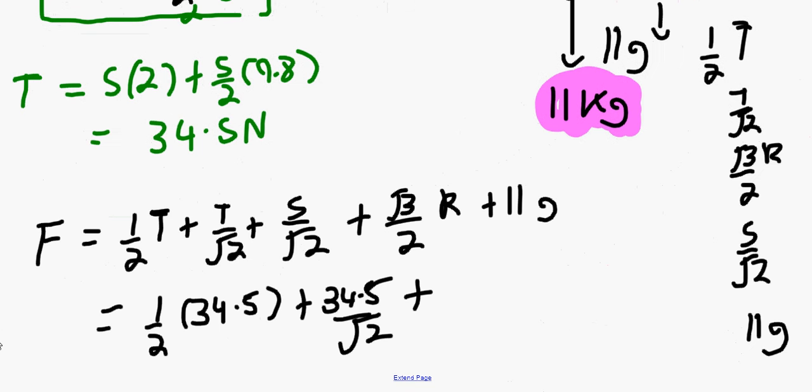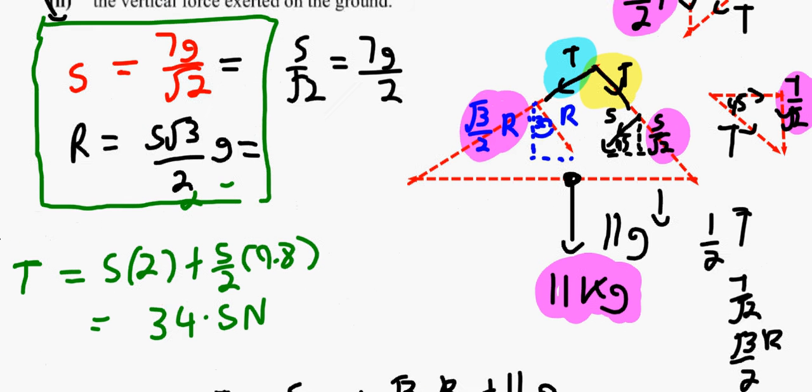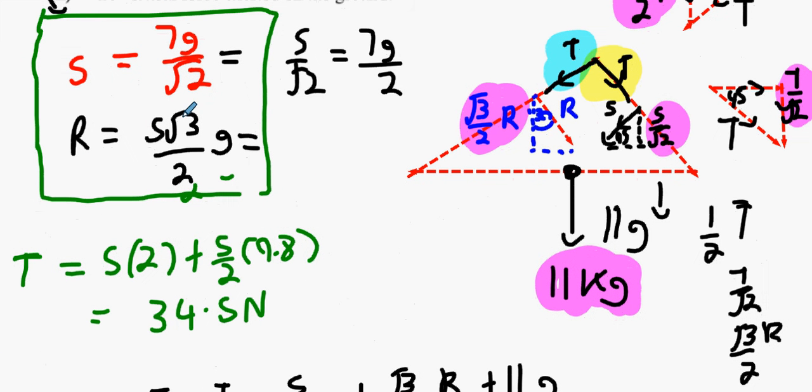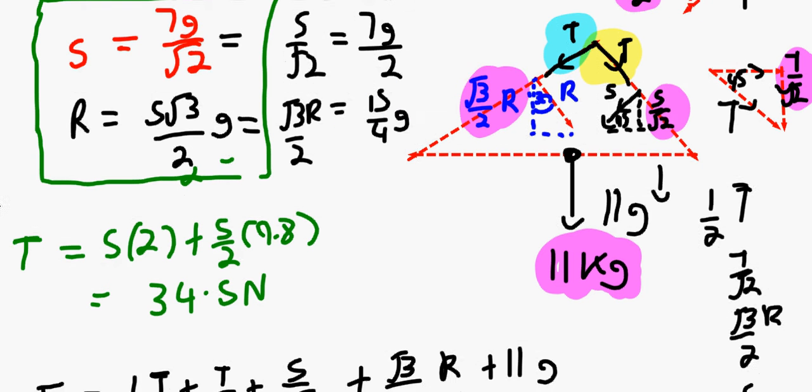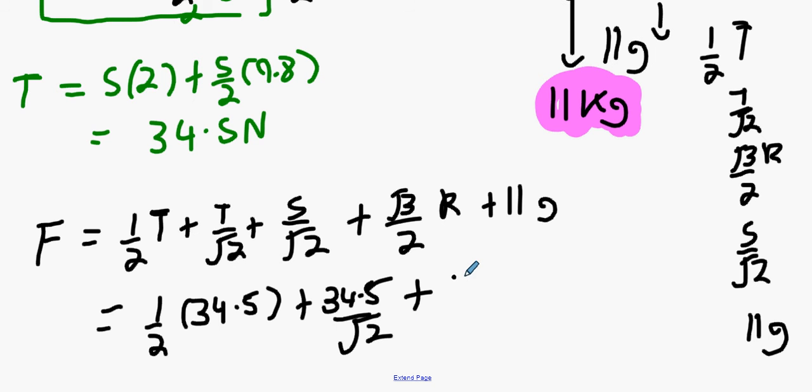And root 3 over 2 R makes that easy as well, because it will be 15 over 4 g. Is that right? So 7 over 2 times g, plus 15 over 4 times g, plus 11 times g.